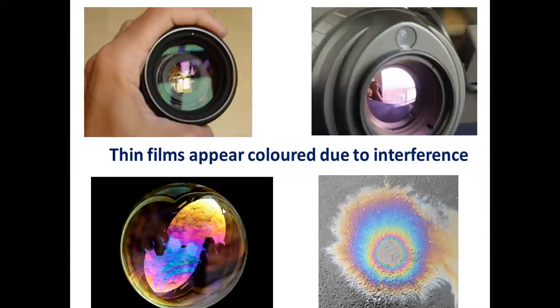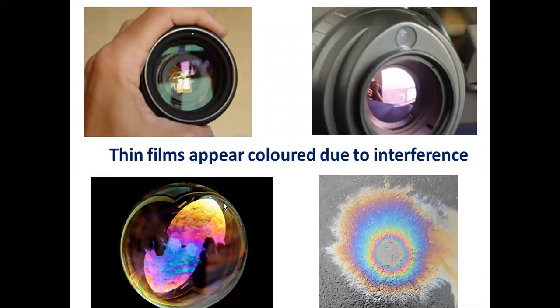The light which is reflected from the outer surface will travel like this, and the light which goes inside and gets refracted and reflected will have some path difference, because the extra distance traveled by the light which goes in is equal to the thickness of the thin sheet. So whenever there is a thin film, we get colors.